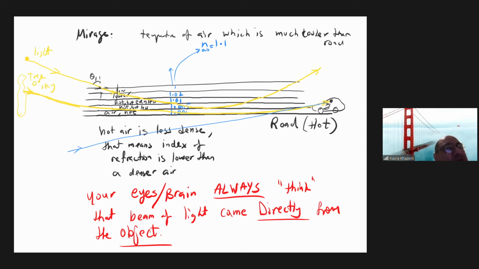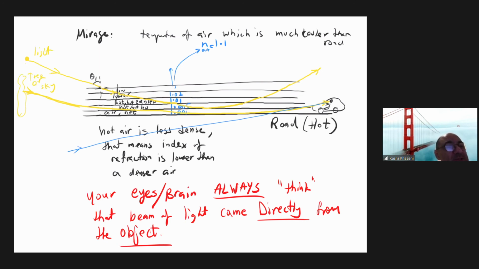So you can actually cheat yourself or anyone by a mirror or any other object or this mirage that I explained. Your brain and eyes do not know anything other than extrapolating from that straight line. So they always think that the light you're seeing comes directly from an object. So this is actually pretty important. Now we'll talk about it when we get to images formed by flat mirrors and convex and concave mirrors.